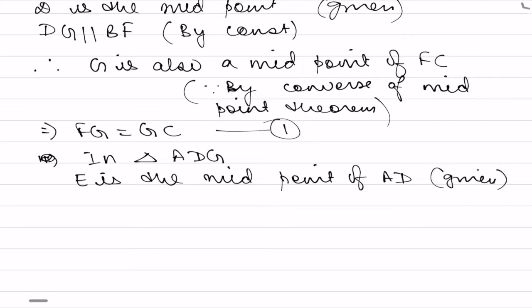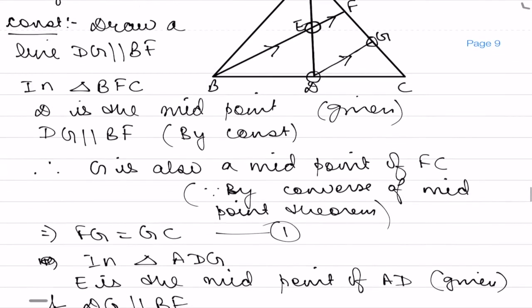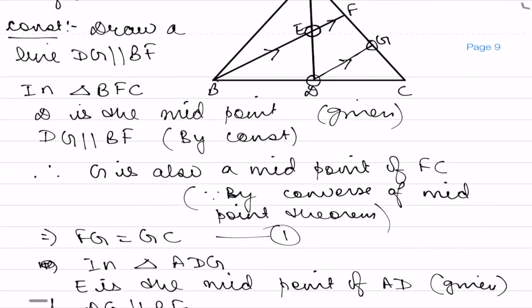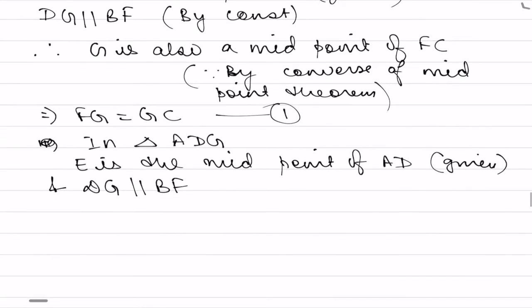It's given, and DG is parallel to BF. So see, if DG is parallel to BF, that means DG will also be parallel to EF, because EF is a small portion of the line BF. So this implies DG is parallel to EF also.